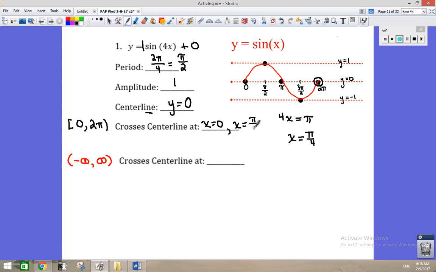The one thing about this intersecting the center line is that it's equally spaced. So if the distance between these two places has the length of pi over 4, at every jump of pi over 4, you're going to end up on the center line. So we've got 1 pi over 4, 2 pi over 4, which just reduces to 1/2, 3 pi over 4.